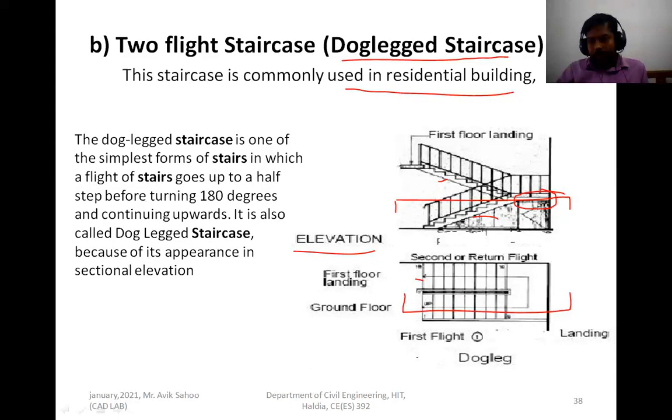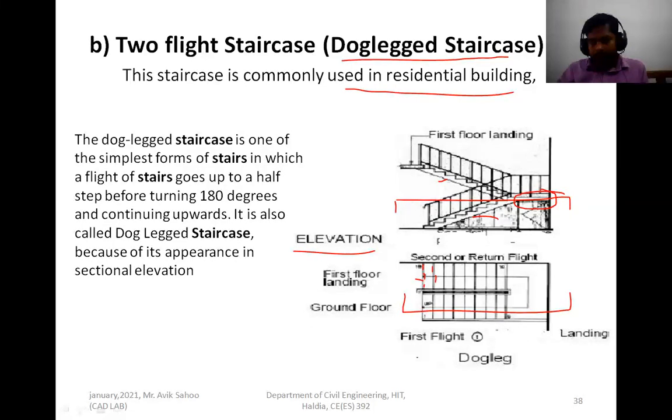If I take this reference plane, and you look from top, if you are looking down, then what happens? These things come on plan as a solid line, and above this reference line, this line comes as a dotted line.